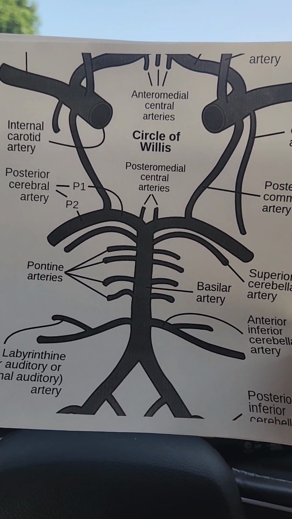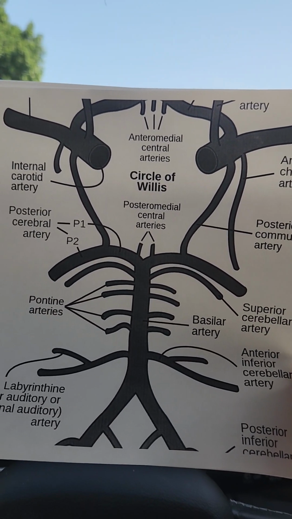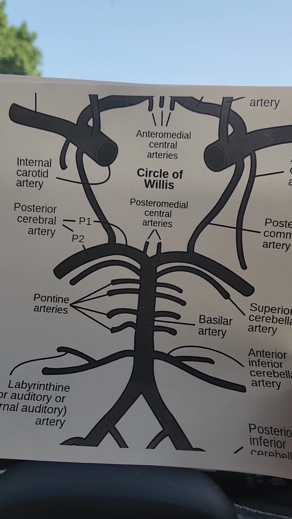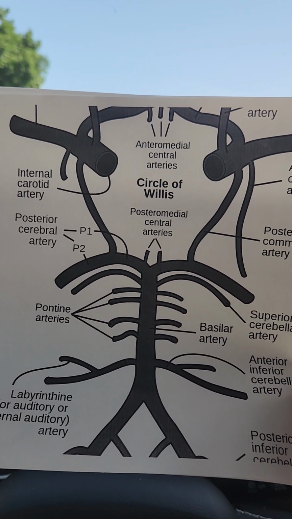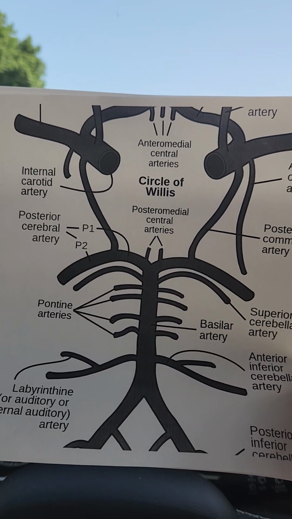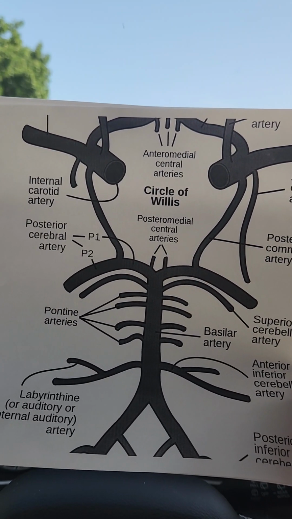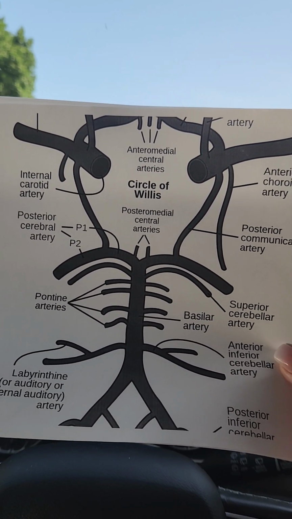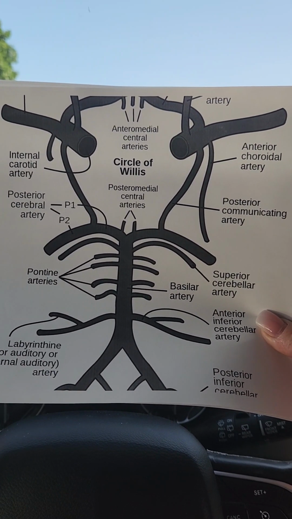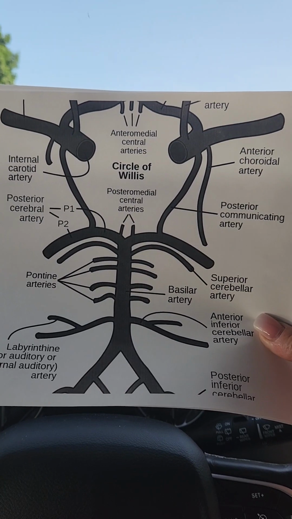Okay, so the carotids and the vertebrals are going to come together to form the circle of Willis, or the COW. This is a circle of arteries that provide many paths for blood to supply oxygen and nutrients to the brain. The carotid arteries supply blood to the brain and face.